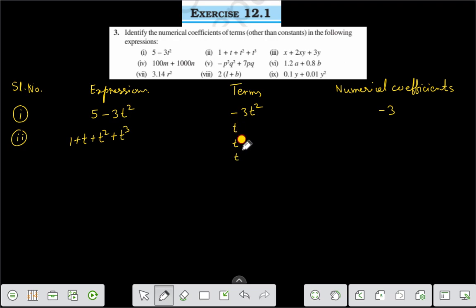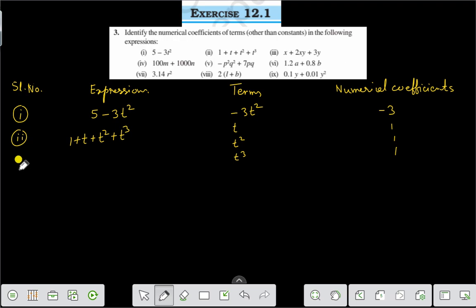Each of them, t, t square and t cube, is multiplied by 1. That means the numerical coefficient is 1.